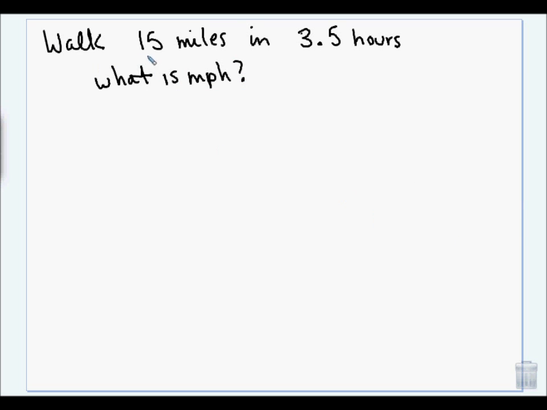If I walked 15 miles in 3.5 hours, we can do this as a ratio. And if I want to know miles per hour, per 1 hour, that's a unit rate, right?